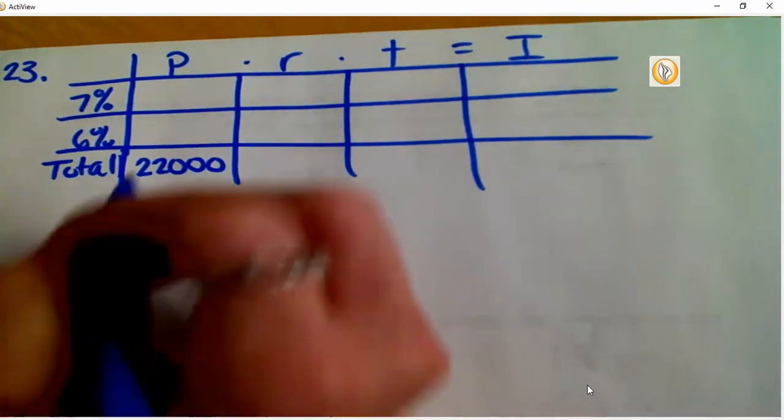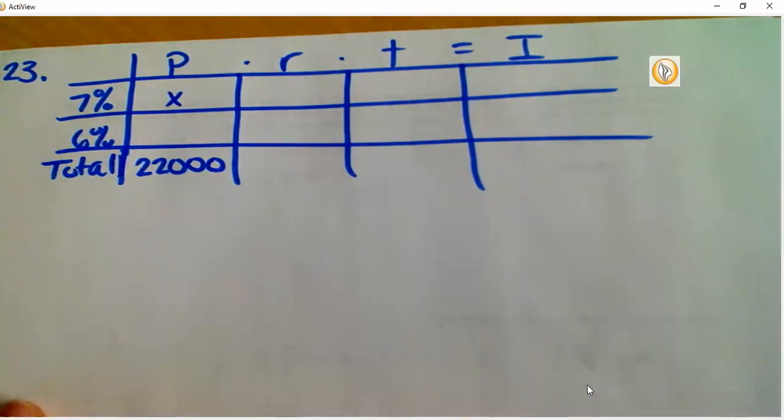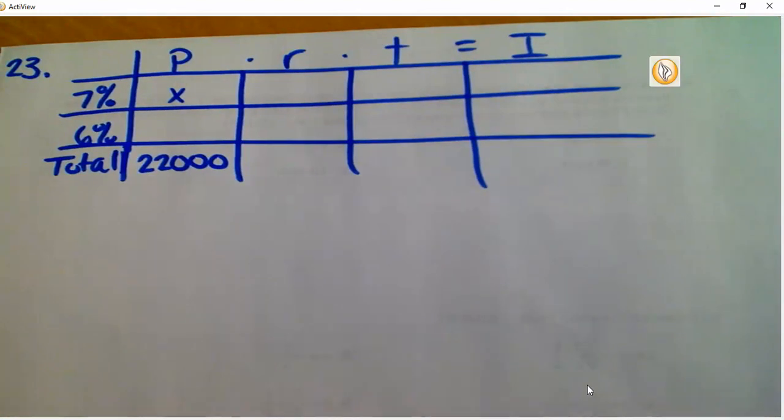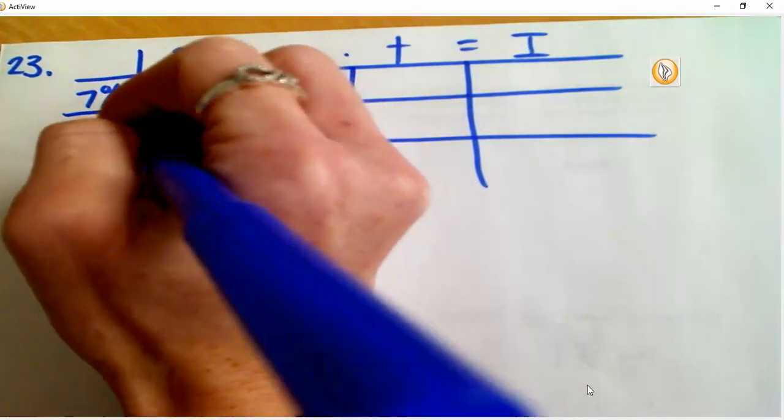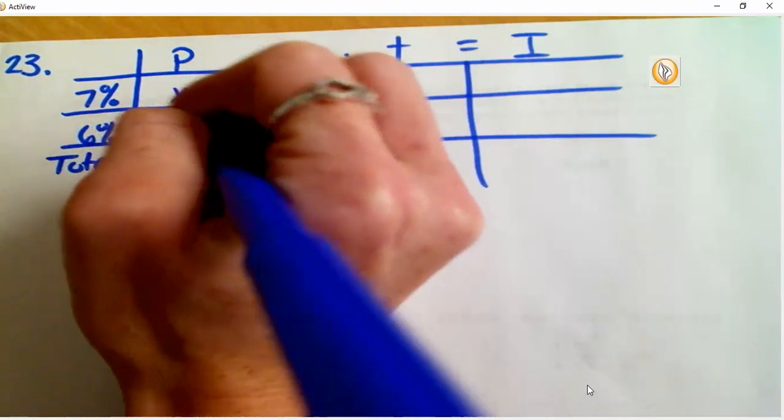So I'm going to call that X. The rest of it at 6%. So let's think here. If you have $22 and you give me 10, how much do you have left? Okay, how'd you get it? Yeah, subtract 22,000 minus X.